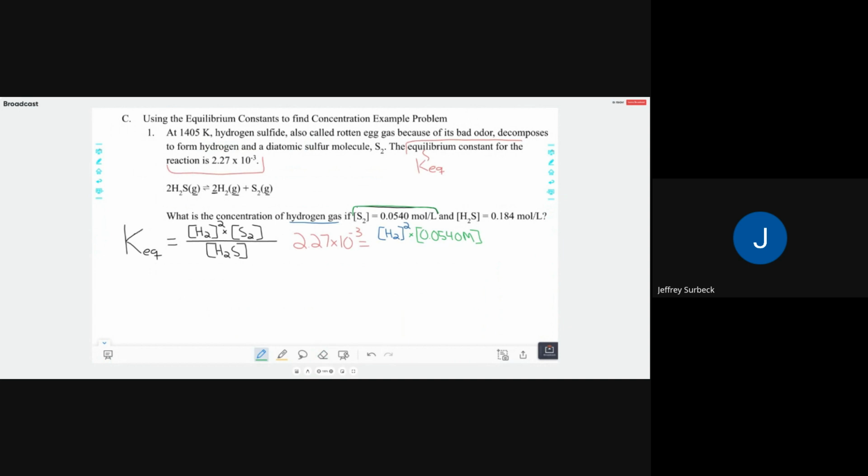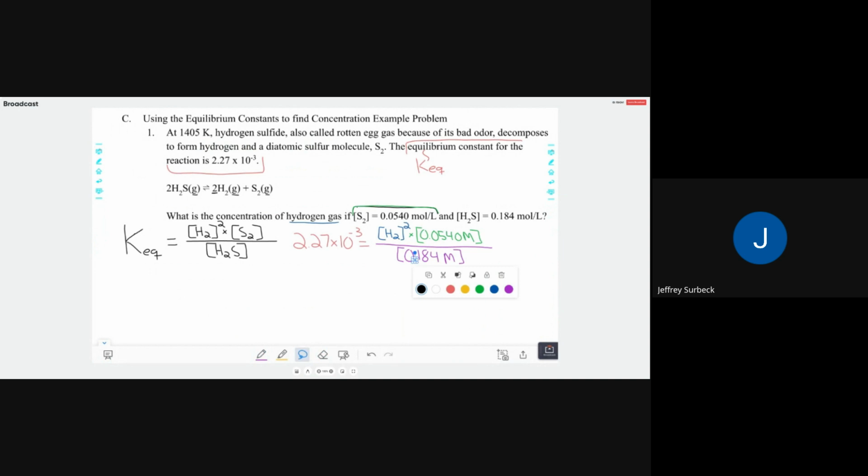All right. Now, all of this would get divided by our particular reactant, H2S, which has a concentration of 0.184 big capital M. And so now we have our setup to be able to solve our problem.